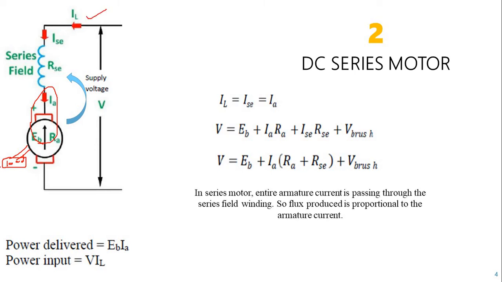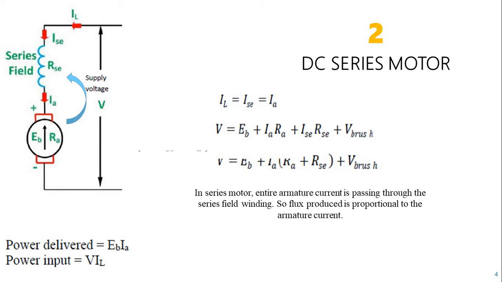In the case of a DC shunt motor, flux is constant due to the constant current, so flux is directly proportional to ISH. In a series motor, flux is not constant: as the armature current varies, flux also varies, because the entire armature current passes through the series field winding, so the flux produced is proportional to the armature current.